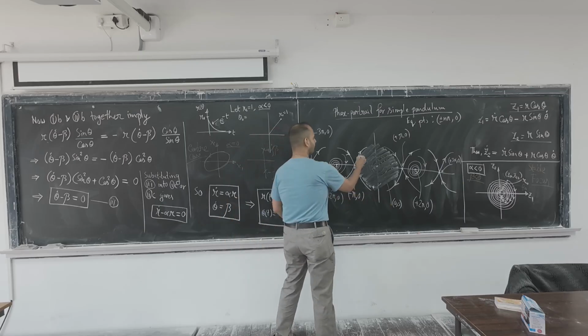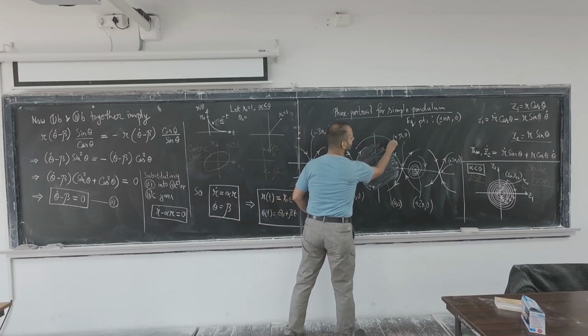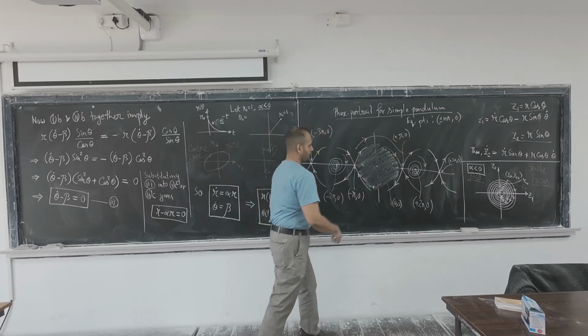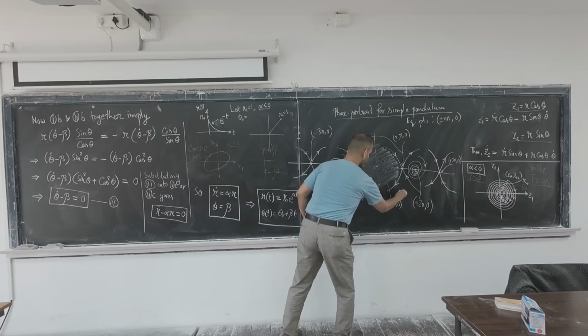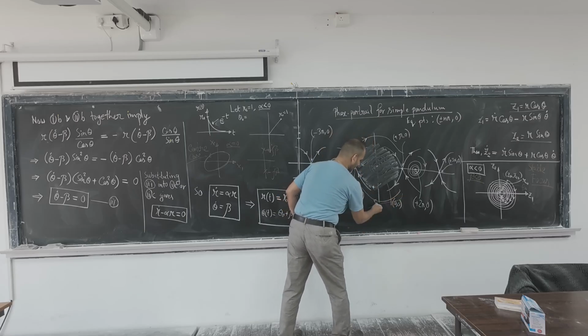But if you take any one beyond that, suppose you take here, it will go like this. If you take any point here, it will go like this, or it can even go like that.